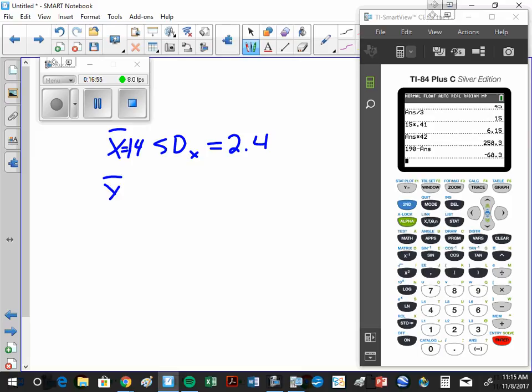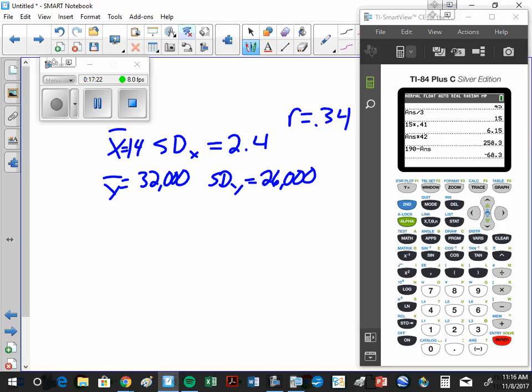Y bar is 32,000 with the SDY equaling 26,000, and R is 0.34.